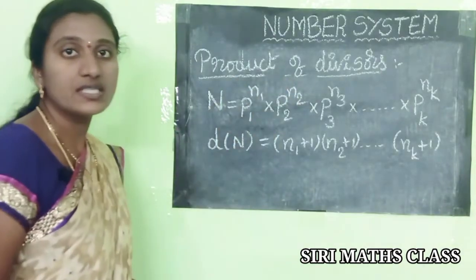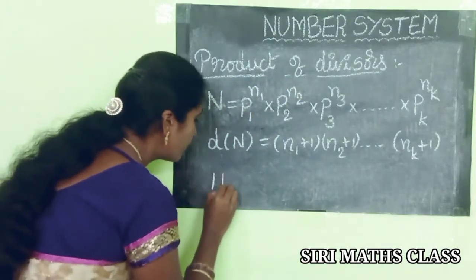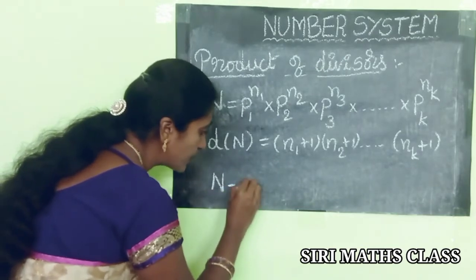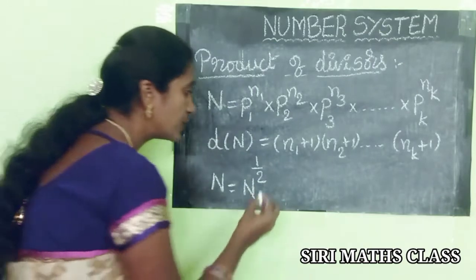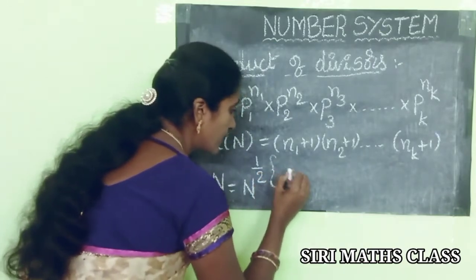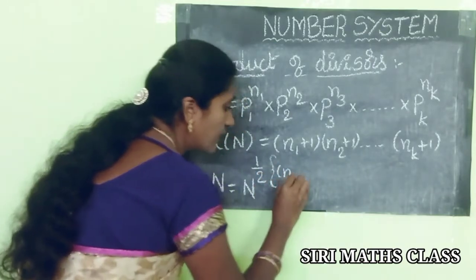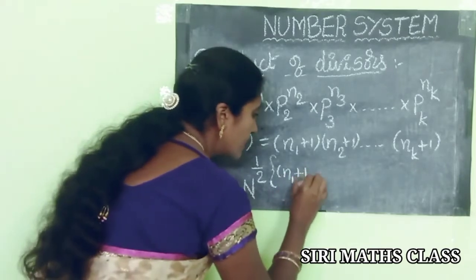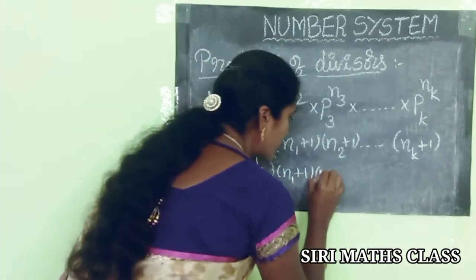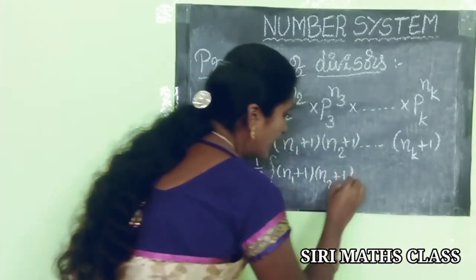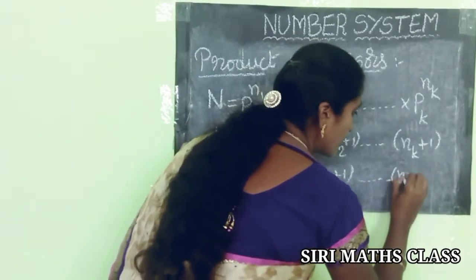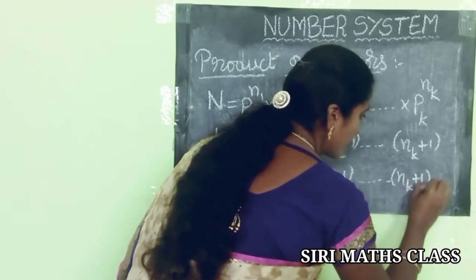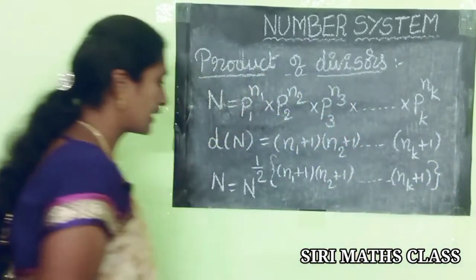Product of divisors, what is the formula? N to the power of 1 by 2 into N1 plus 1 into N2 plus 1 and so on into Nk plus 1.